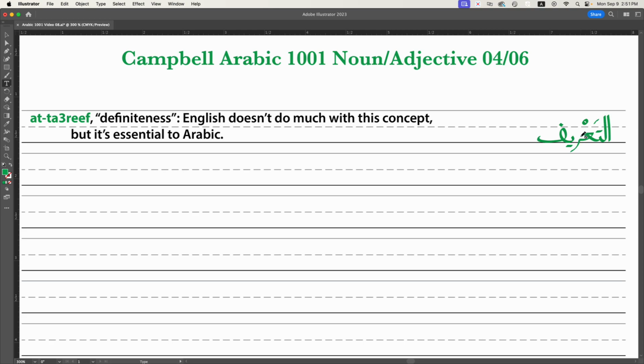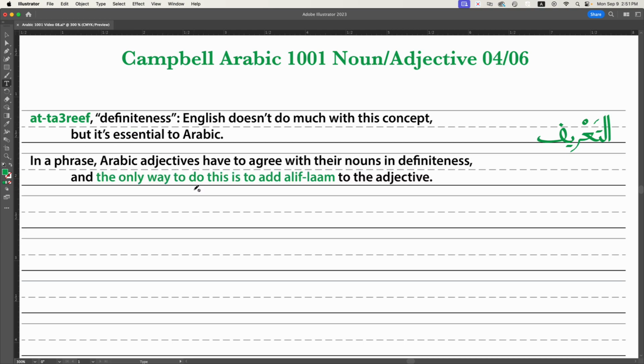So ta'rif means introduction, not in the sense of the first page of something, but in the sense of introducing someone to something else. You're making them know someone. So if I were to do introductions at a party, that's ta'rif, for example. So in English we translate it as definiteness. It's something that has been made known, and I'll get to that word in just a second.